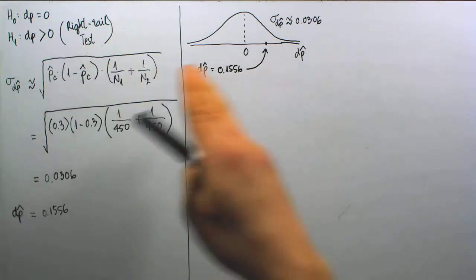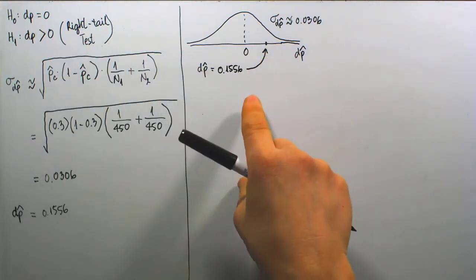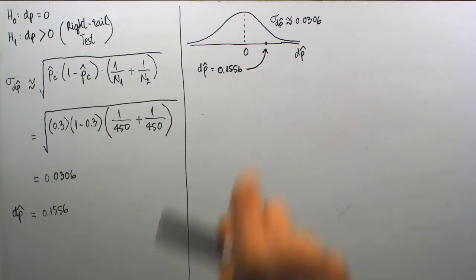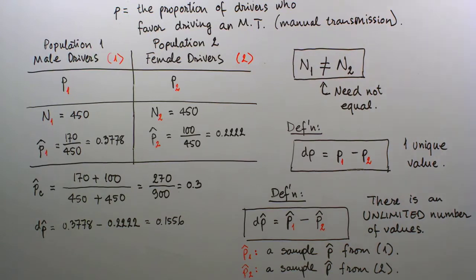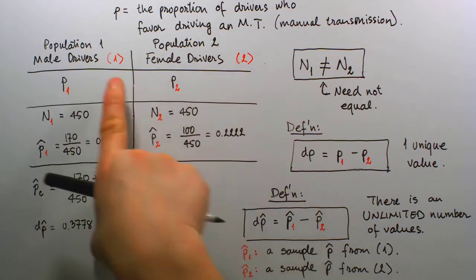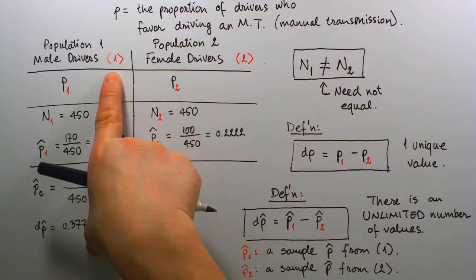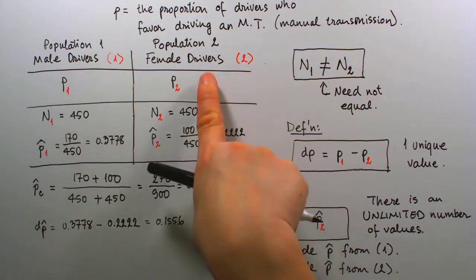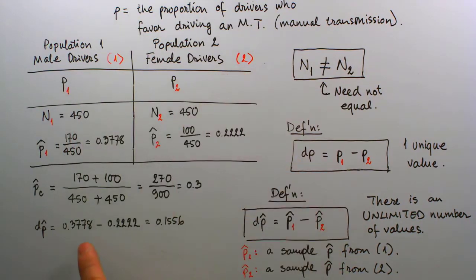And throughout the steps later, I should be able to point out some other checkpoints for consistency as well. And also I must emphasize again that it's all due to the beginning decision where I assigned label 1 for the male drivers population, and label 2 for the female drivers population. And that was the reason why this dp hat was found as p hat 1 minus p hat 2.